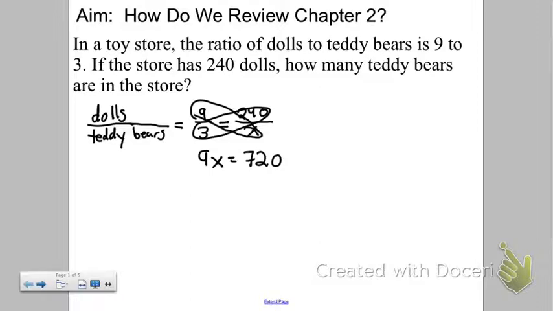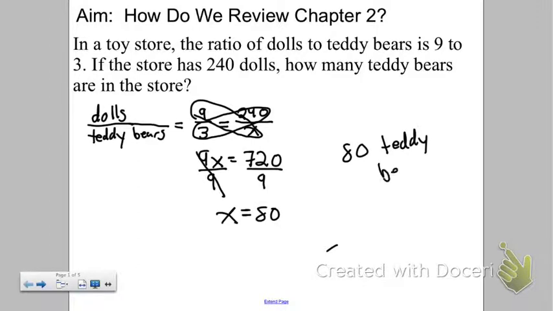I have 9x equals 720, so I'm going to divide by 9. 9 and 9 cancel out, and I'm just left with x. 720 divided by 9 is equal to 80. So that means there would be 80 teddy bears.